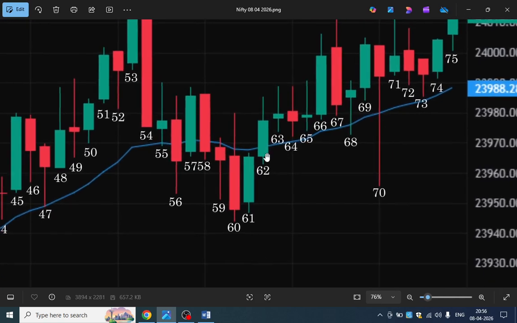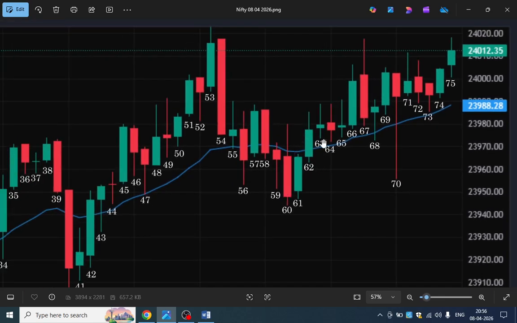Once this formed, I was completely convinced that the price will not go below that, and my target was that the price should move up.